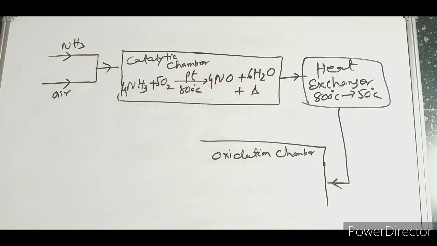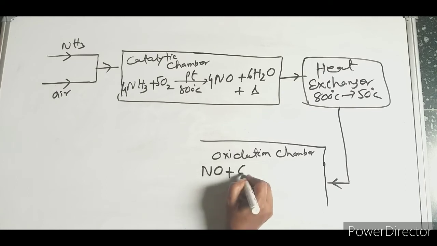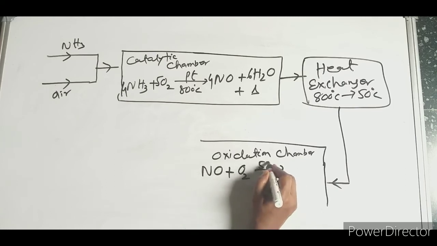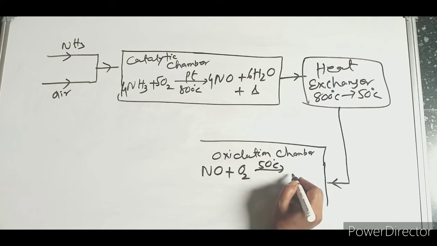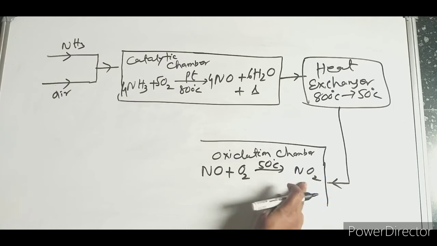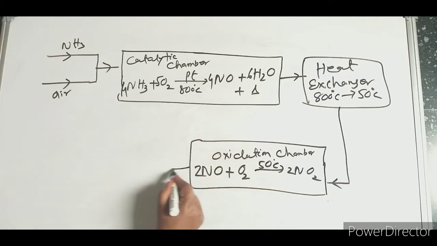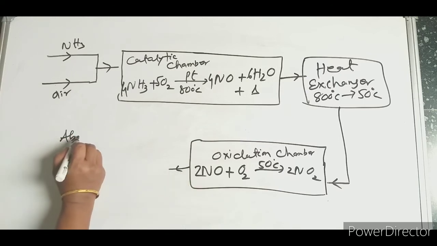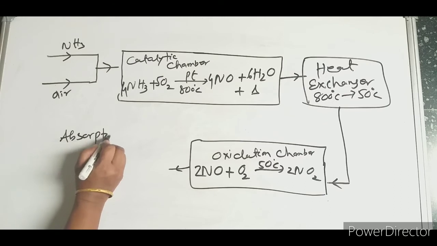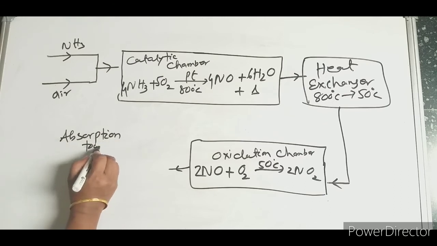In the oxidation chamber, NO combines with oxygen at 50 degrees Celsius and is converted to NO2, reddish brown: 2 NO plus O2 gives 2 NO2. From here it goes to the absorption tower.